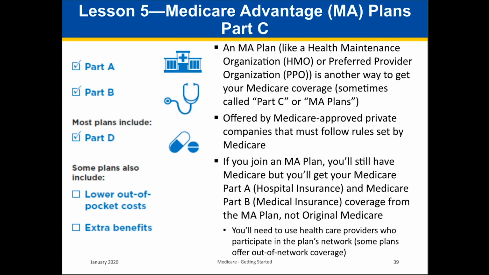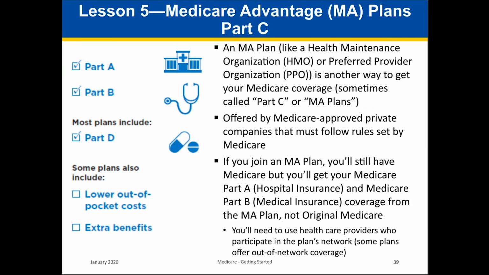Let's talk about Medicare Advantage plans, or Part C. MA plans, like an HMO or PPO, are another way to get your Medicare. MA plans are offered by Medicare-approved private companies that must follow CMS rules. If you join an MA plan, you still have Medicare. That's important, but you'll get your Medicare Part A and Part B from the MA plan and not original Medicare.